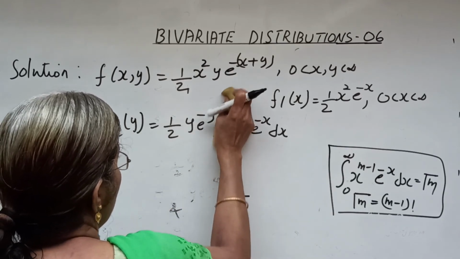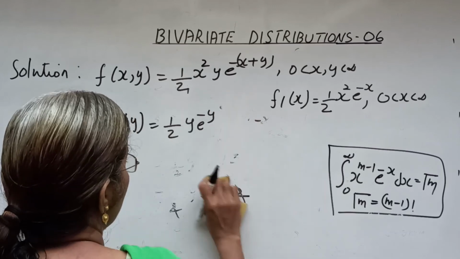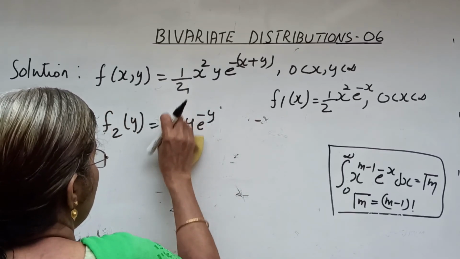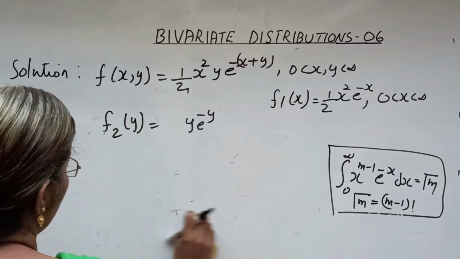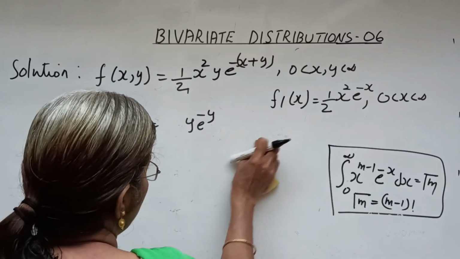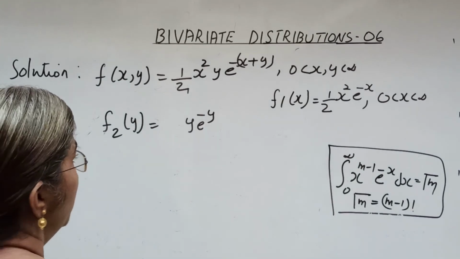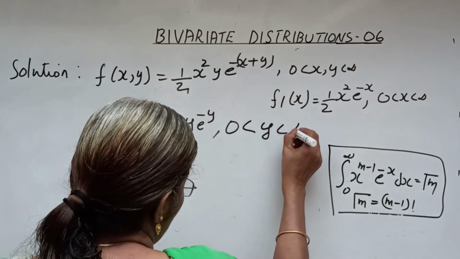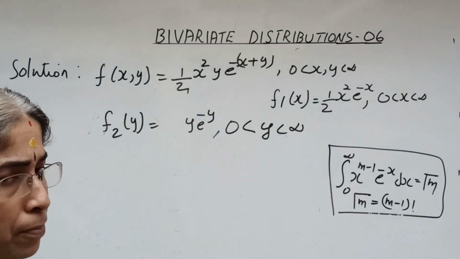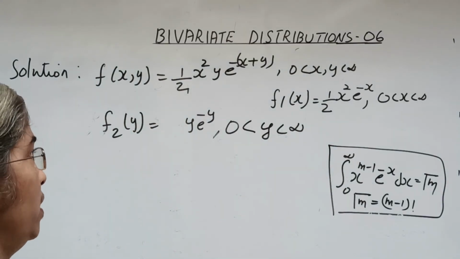Already we have f1x, and here the function is y e raised to minus y. Now what about the limit for y? When we have f2y, the limit is 0 less than y less than infinity. Simply write the limit for y.